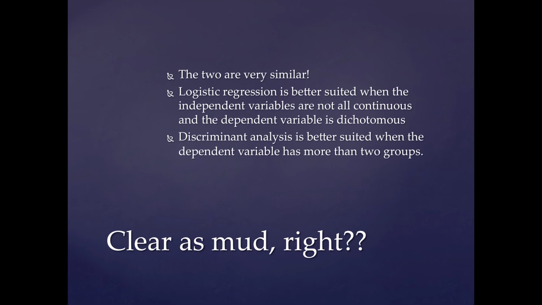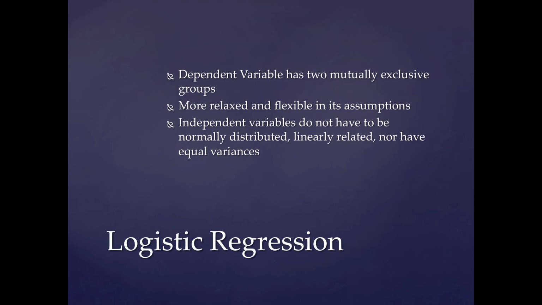Now, there is something called ordinal regression, which is an extension of logistic regression, which allows your dependent variables to be categorical ordinal variables. In that situation, I would far rather use discriminant analysis because it's just a simpler process.